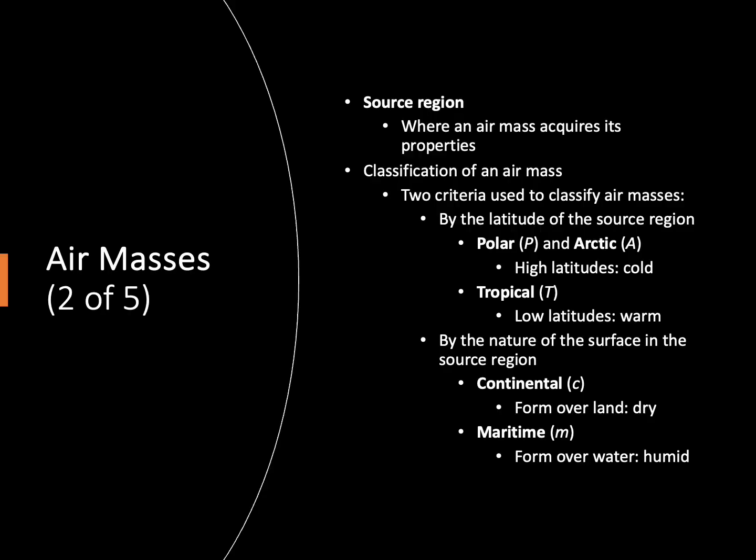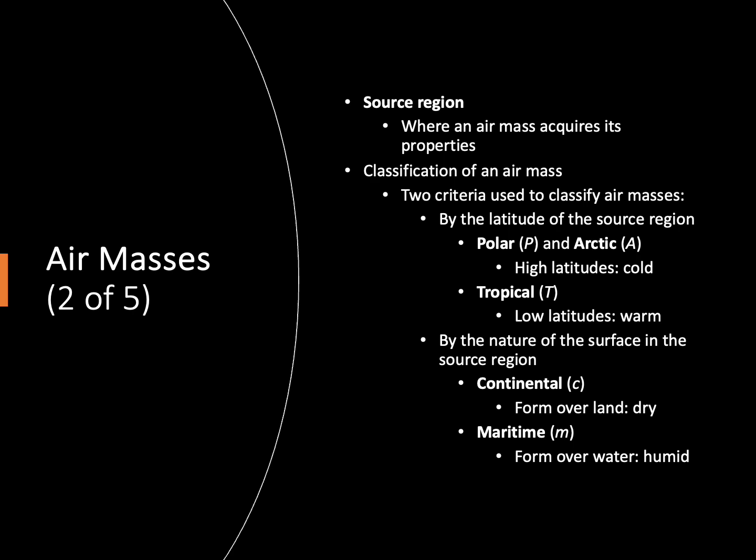When we're talking about air masses, we care a lot about its source region, or where exactly this air mass came from. Because knowing the source region, it's going to tell us two important properties of that air mass. And that's going to be the temperature and the amount of moisture within that air mass. We'll be able to identify the temperature of the air mass based on the latitude in which it originated.